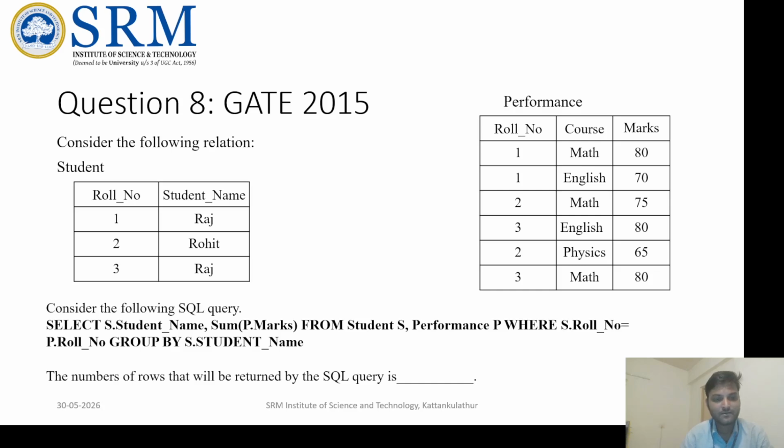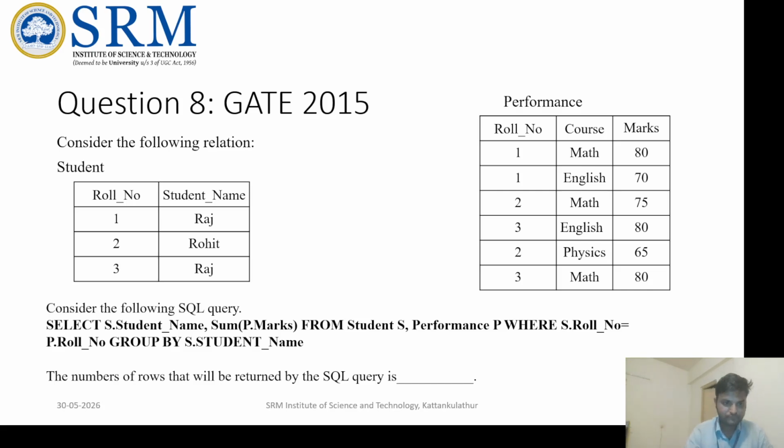And the SQL query is: select s.student_name, sum(p.marks) from student s, performance p where s.roll_number equals p.roll_number group by s.student_name.